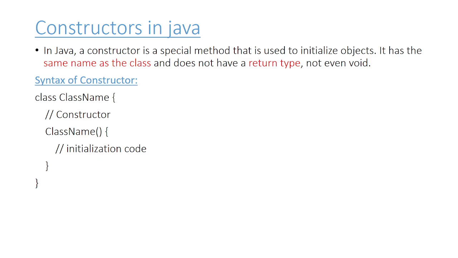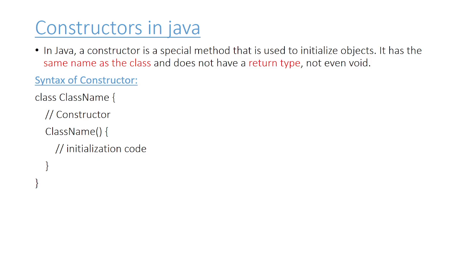Let me explain this definition first. In Java, a constructor is a special method that is used to initialize the object. It has the same name as the class. I mentioned it in the red line. We have to create a constructor with the same name as the class name, and it does not have a return type.